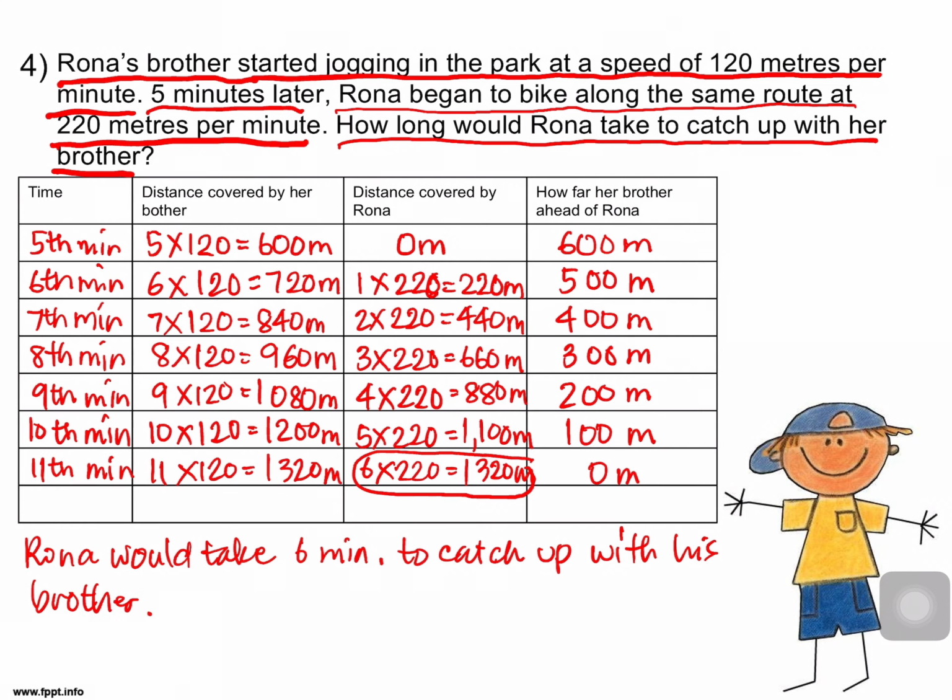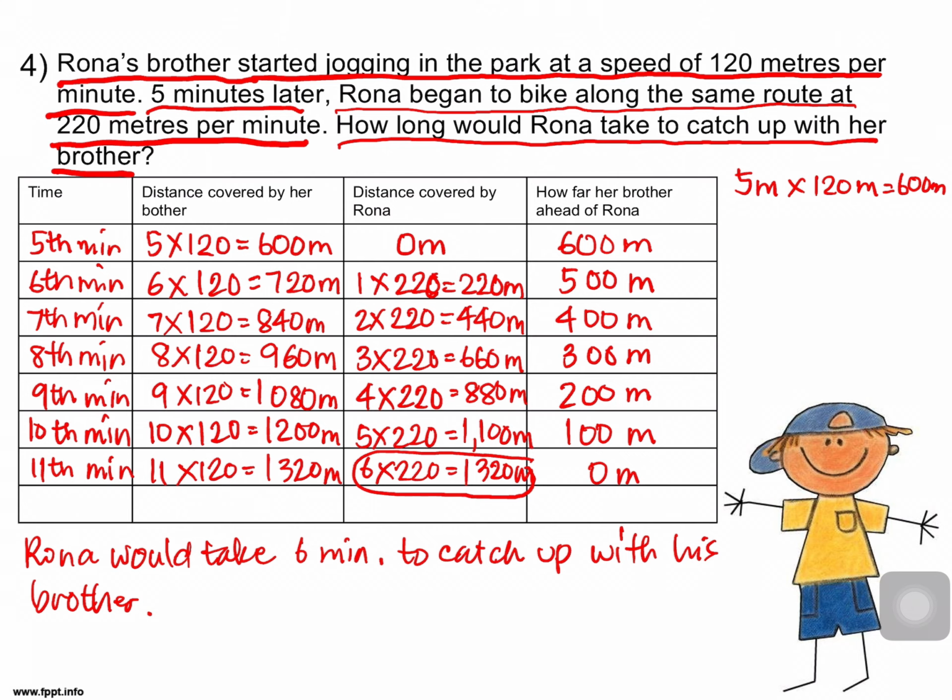Now if we are going to solve by reasoning, what we can do is, for 5 minutes times 120 meters is equal to 600 meters.